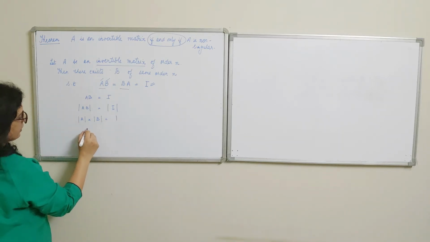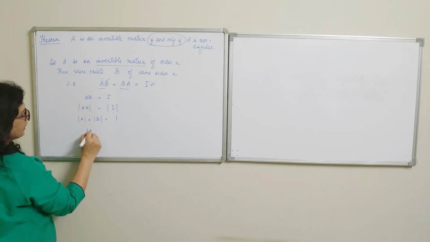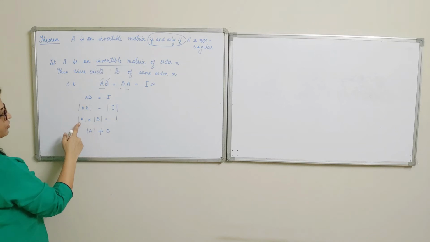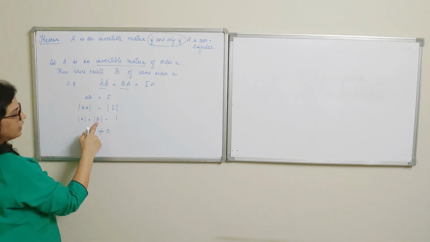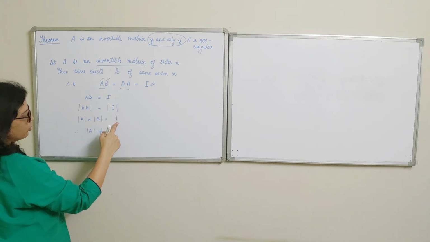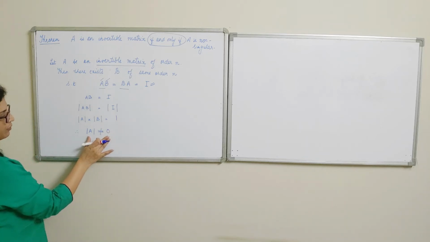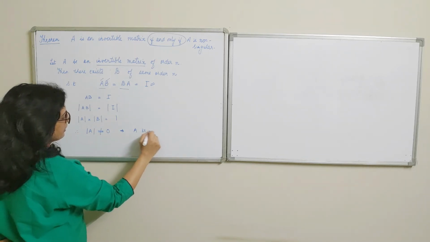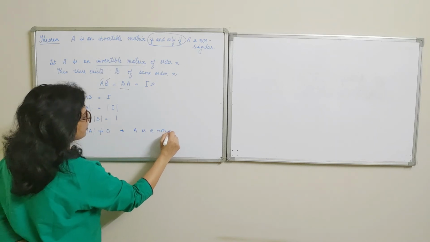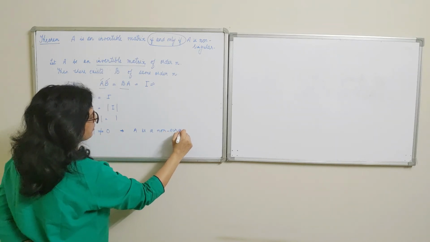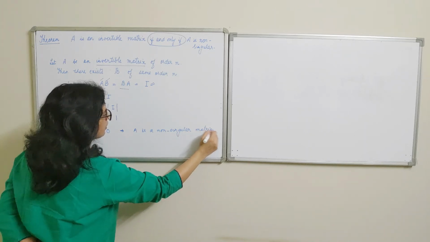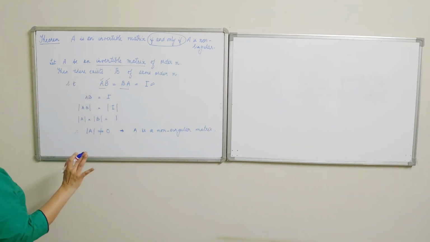So this equation tells us here that determinant A cannot be 0, because if it is 0, 0 multiplied by any real number cannot be equal to 1. So hence we know that determinant A cannot be 0, which means that A is a non-singular matrix.